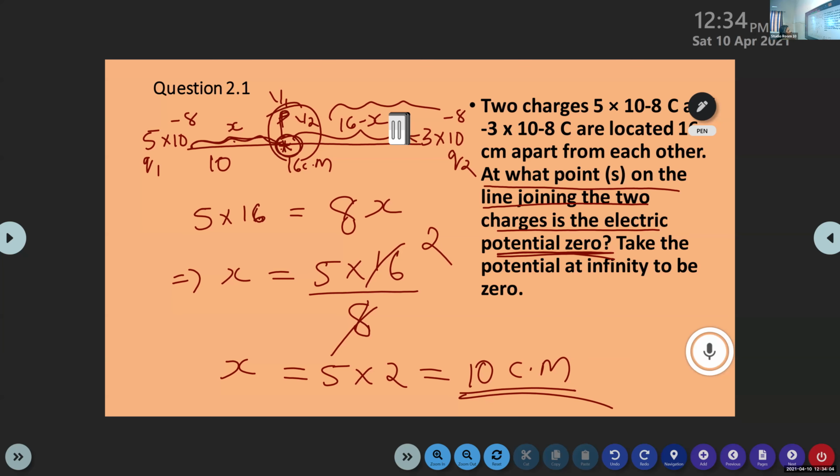So these are the distances at which the potential becomes equal to 0. Since x equals 5 into 2, that is 10 centimeter, the distance of the charge minus 3 into 10 raised to minus 8 is 16 minus x. It becomes 16 minus 10, that is equal to 6 centimeter from that point.